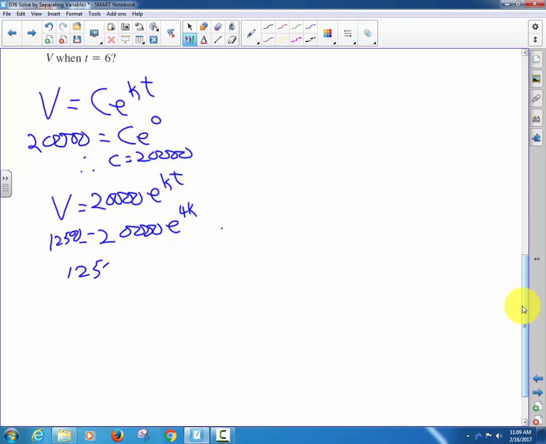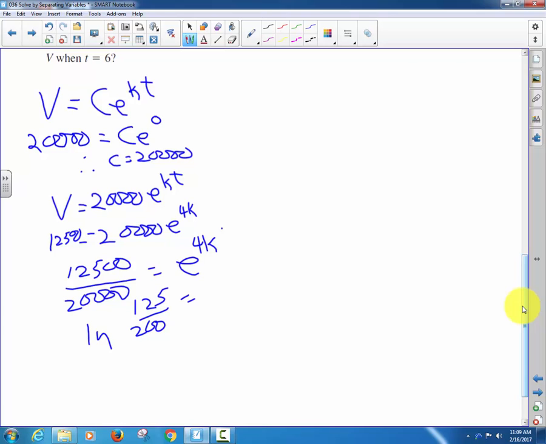Yeah, 12.5 divided by 20,000 equals e to the 4k. And now we're going to take the natural log. I'm not going to pick up my calculator yet, but y'all can if you want to. I've got the natural log of 125 over 200. Does everybody understand why I dropped off some zeros there? Just 2 extra zeros out there.